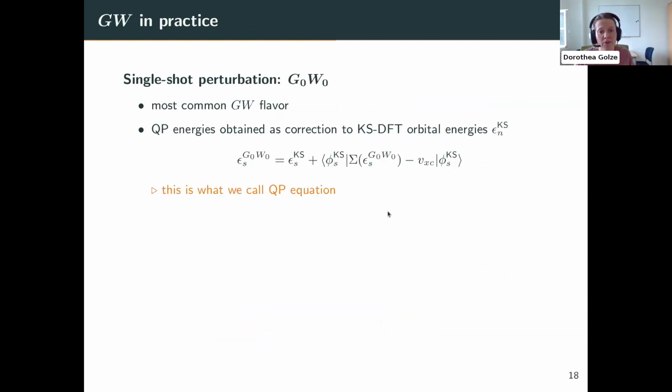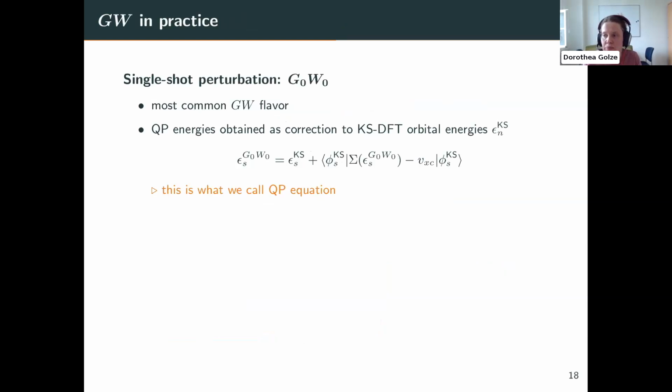The most common flavor is the so-called single-shot G0W0. How it works is that I take my Kohn-Sham energies for state S, and then add a correction term, which contains the self-energy. This is what we call the quasi-particle equation, exactly this expression.